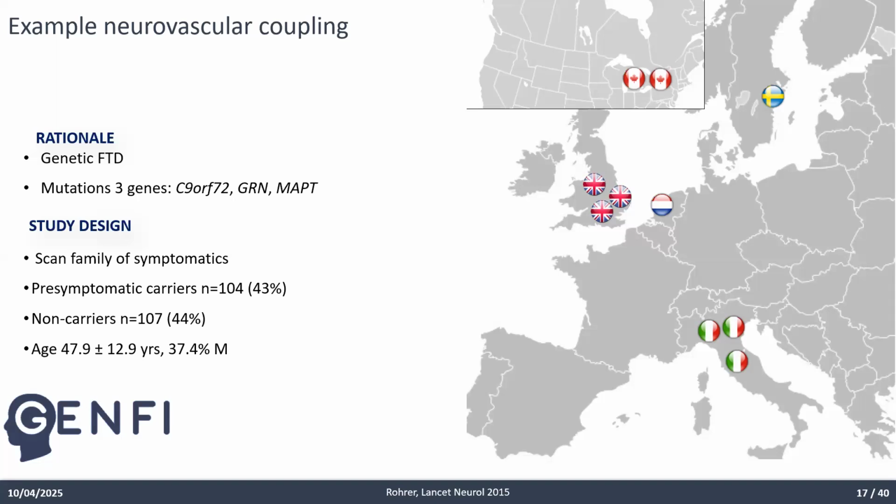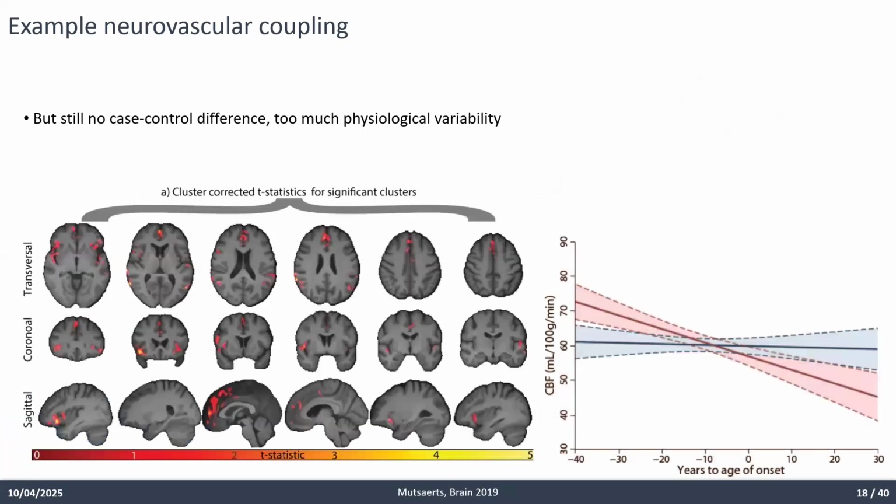And there are a lot of them that weren't symptomatic yet, so they were controls, but they were carriers of the gene, and some that were not carriers. So if you take a group with about 100 non-carriers and about 100 carriers, for which we know for certain they are going to get the disease around the age of 50, then you can do this type of analysis.